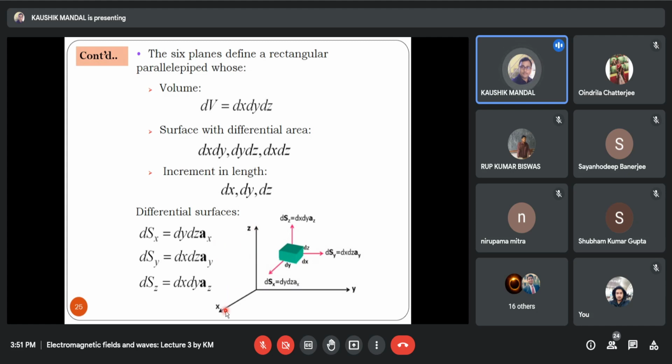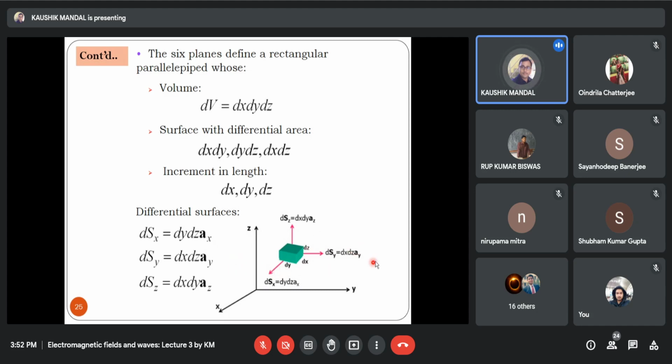Now what will be the direction of the unit vector for this particular plane? Someone please tell me. Along the y-axis. How will you be able to find it out? You have to draw the normal on this plane. Normal to this plane means a perpendicular line to this plane. It is nothing but along the y-axis.